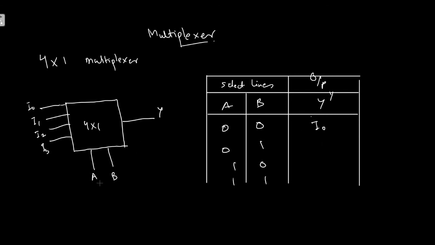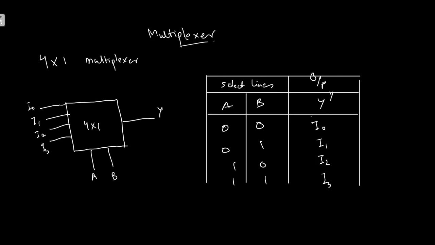Means when the select lines are 0 0, I0 is connected to the output line. Similarly for 0 1 we select I1, then I2, then I3. So this is a simple truth table of a 4 by 1 multiplexer.